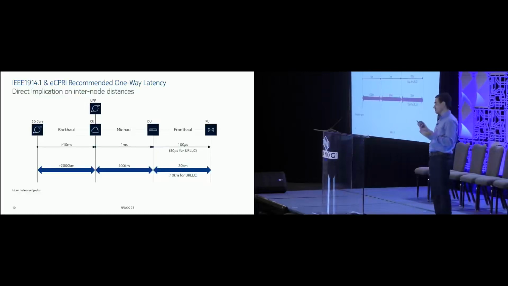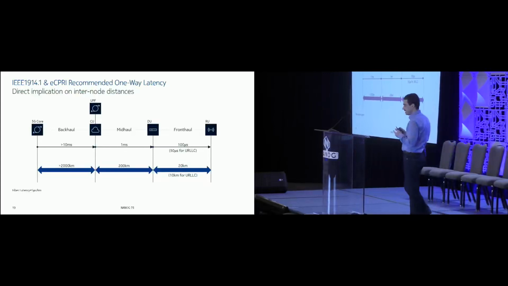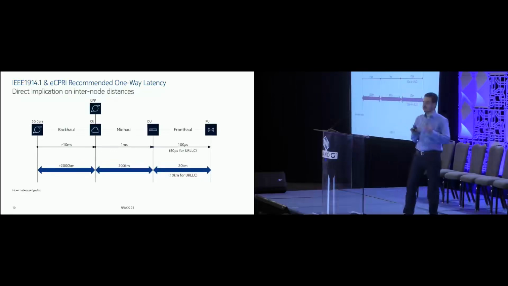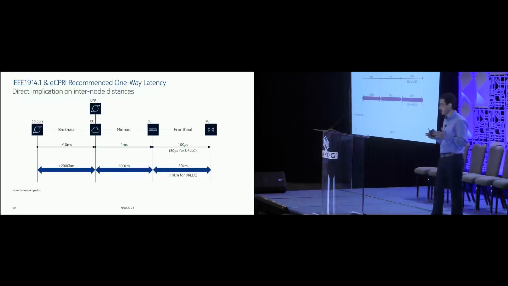So if you consider that any switch with a few decent features will introduce roughly a few microseconds, maybe 5 microseconds, for each of these switches that you put in the path, you're taking away 1 kilometer, basically, right? So you need to be very conscious of latency when you talk about front haul.